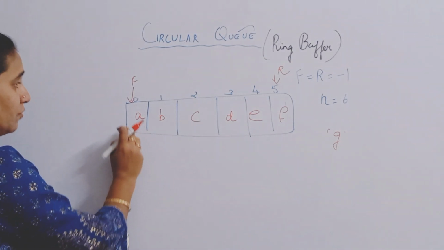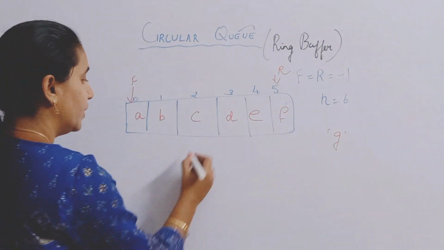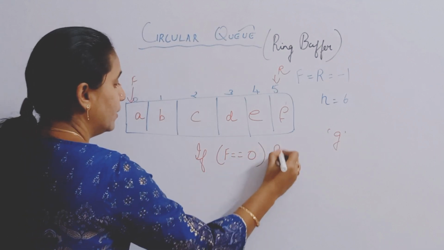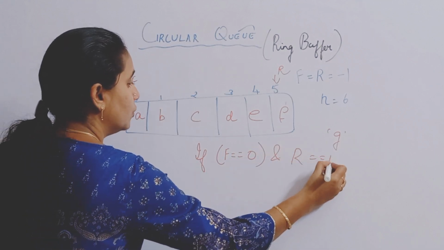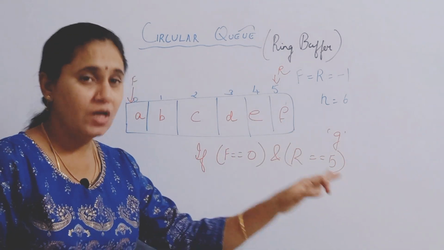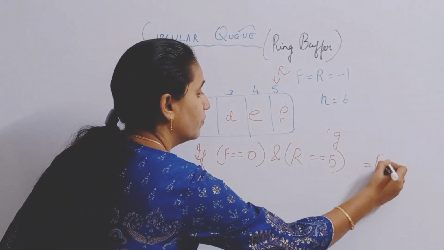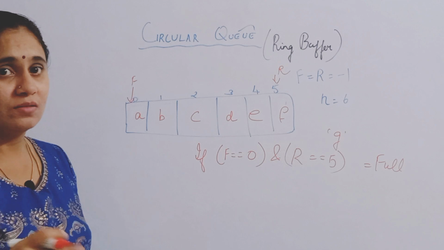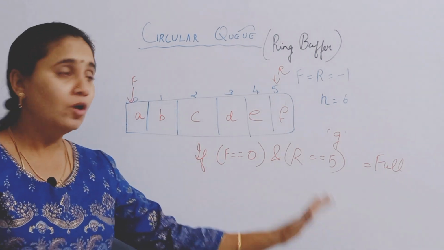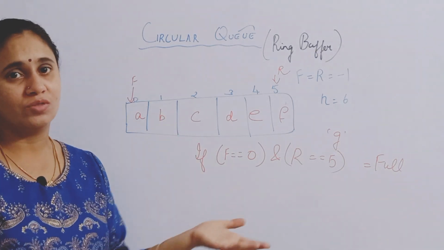So if front is equal to 0 and rear is equal to 5, I can tell that the Q is full. I cannot insert any more elements. So this is the condition for checking whether the Q is full or not, right?